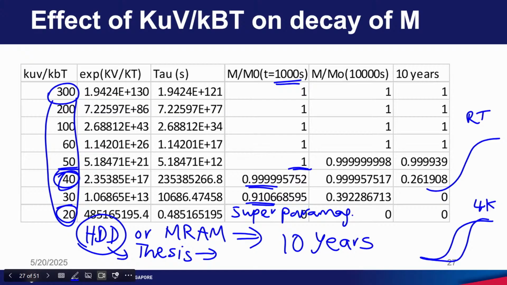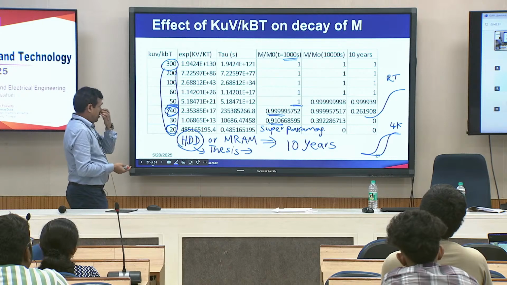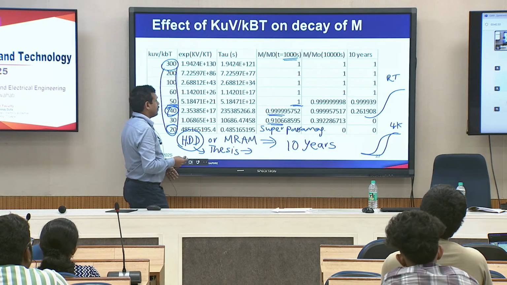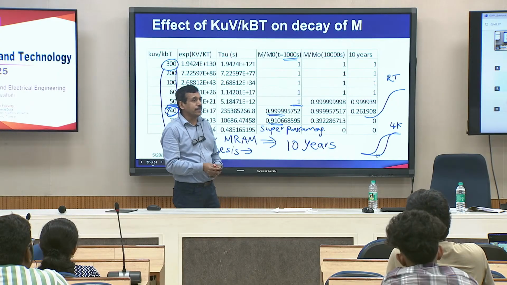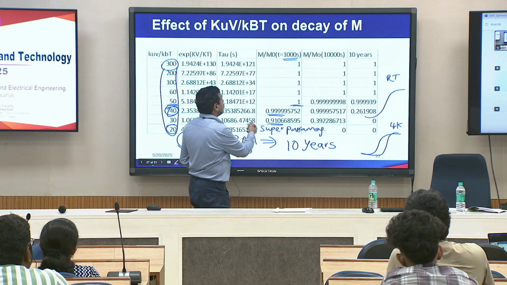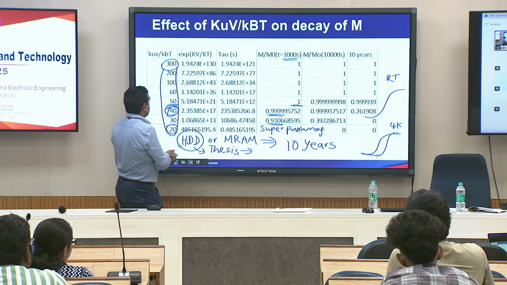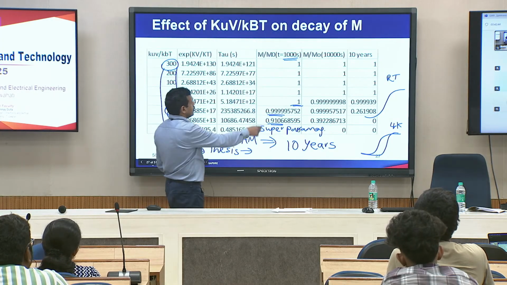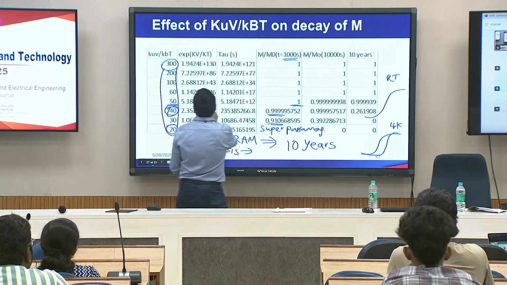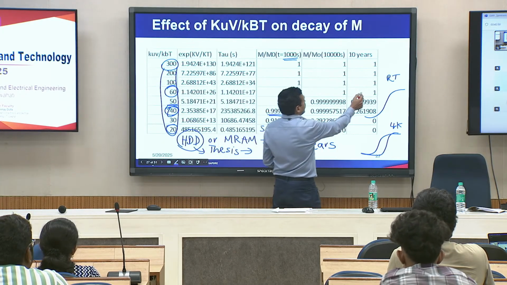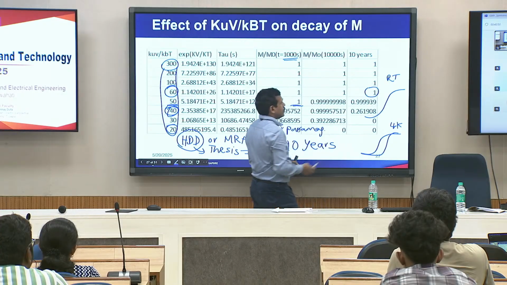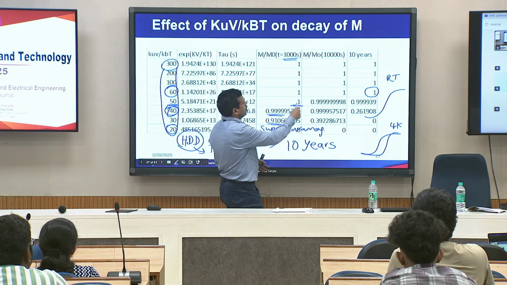Okay. So, if you store your data, if you do not touch, I mean you do not do anything, the data will be there for about 10 years. So, this is the aim. If you look at this picture, when the KuV by kBT is around 60, even after 10 years there is no change in the magnetization.